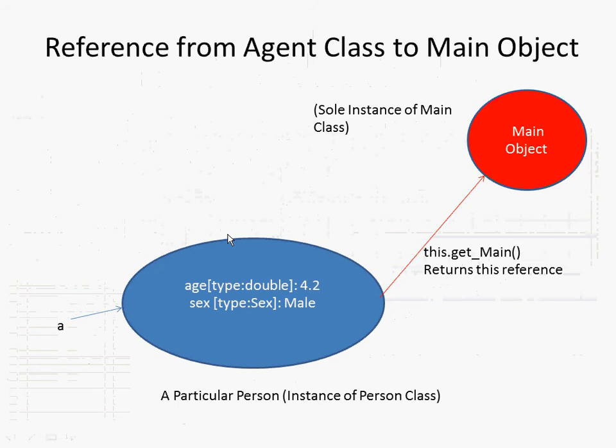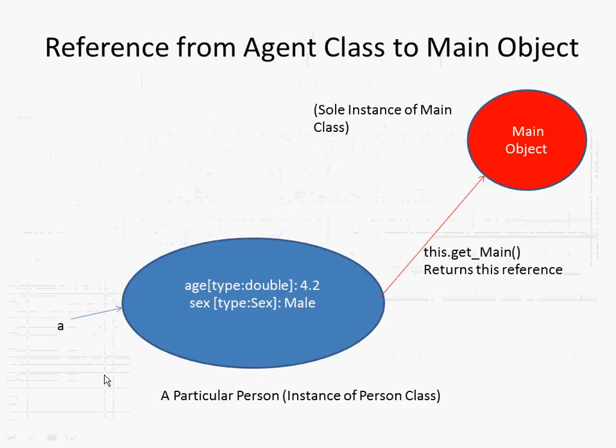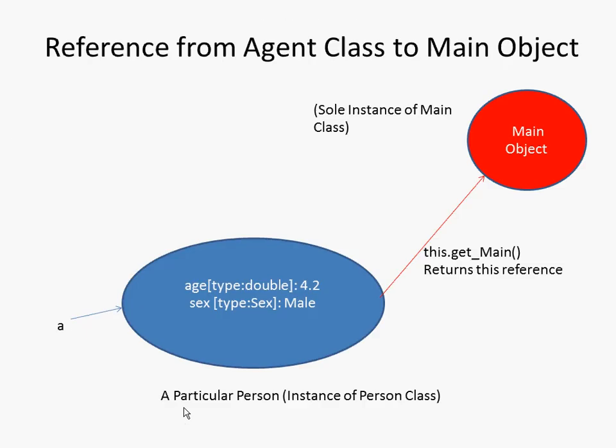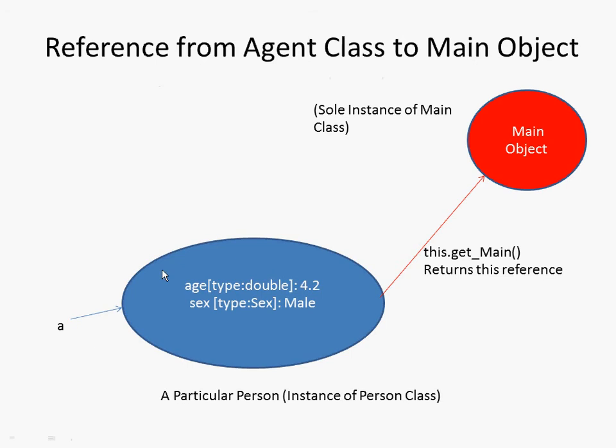Just looking at this, right. So time is short here. Let me just see. Okay, I think we can actually do this. So we talked about get main. Suppose we have something that's a reference to a particular person. We said we could call get main to return a reference here.